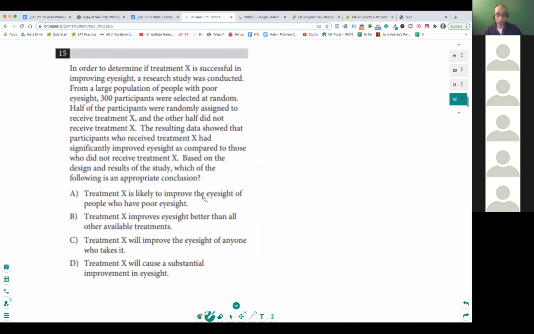All right, so let's try this one now. Coming back to stats, remember, this is about uncertainty or no absolutes. So anytime there's anything about absolutes, it doesn't work. And you don't need to read a lot of this.